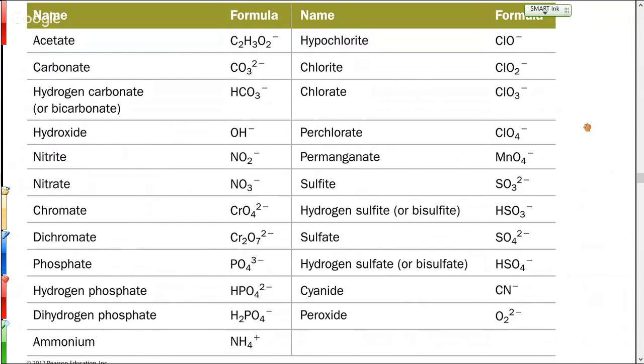So hydrosulfuric acid would be H2S. No, that doesn't exist. It's not a real name. So 31 is 31. Oh, yeah, right. It's not actually called that.